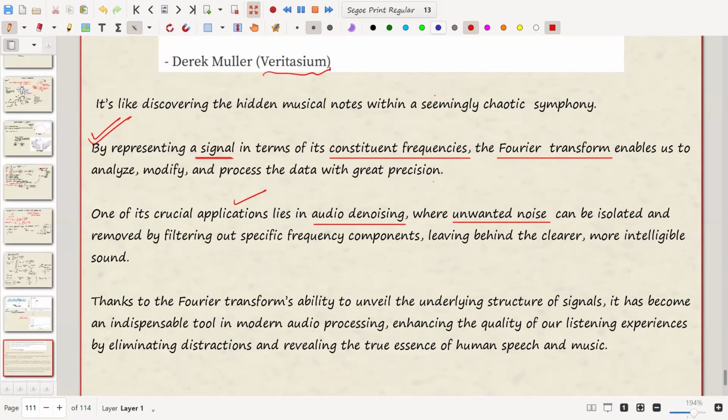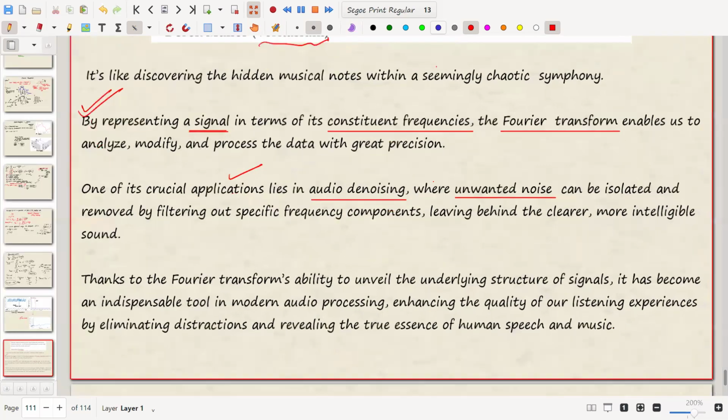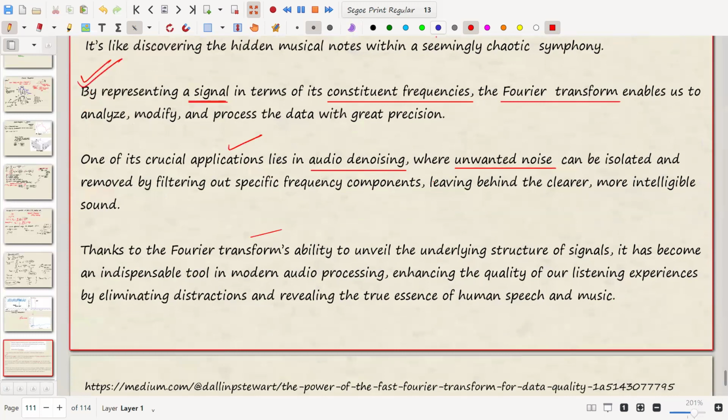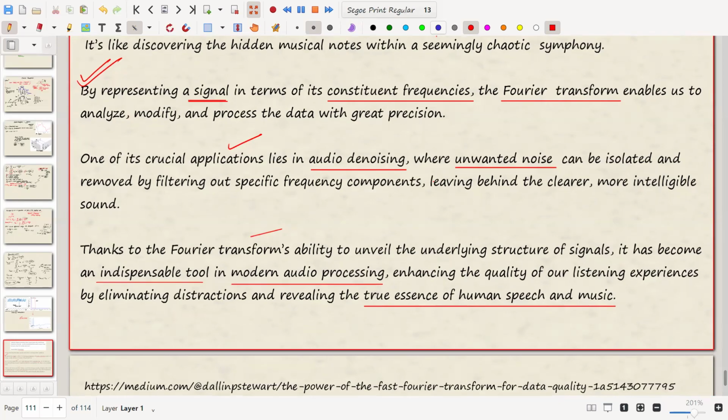Thanks to the Fourier transform's ability to unveil the underlying structure of signals, it's an indispensable tool in modern audio processing, revealing the true essence of human speech and music. I think due to this only we are able to enjoy the very nice music of many musicians.